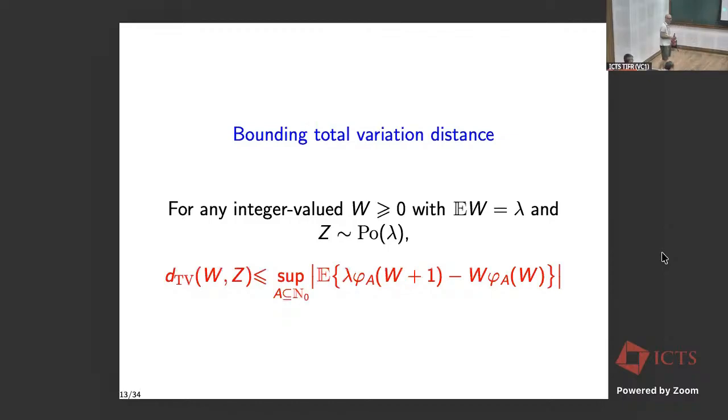So what we need to do now is, I'm giving you an integer random variable W with mean lambda. We approximate it again with the Poisson lambda random variable. So the total variation distance is upper bounded by this quantity, okay? A goes over all subsets of the integer numbers, or in this case, non-negative numbers, because Z is non-negative. And so this is what we have to evaluate in order to get a total variation bound on the Poisson approximation.